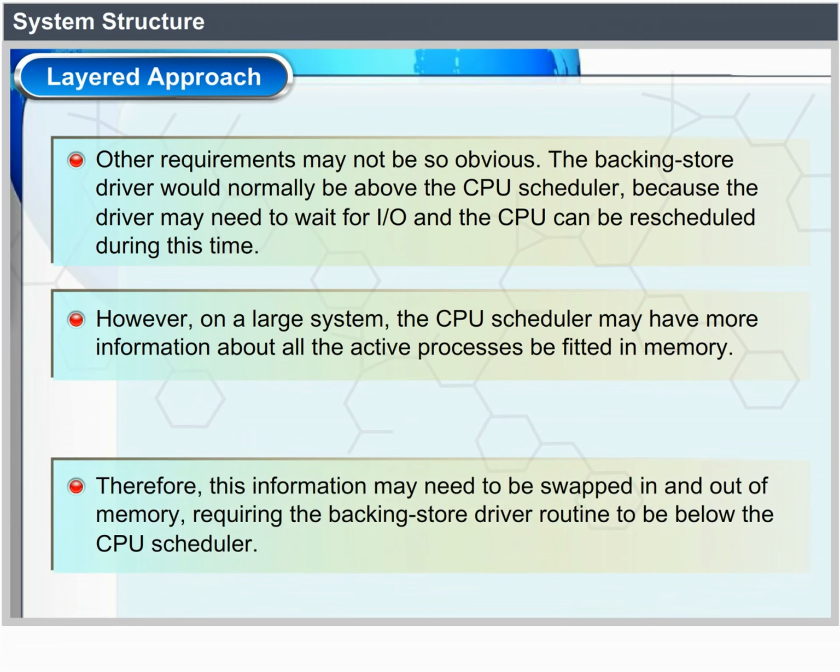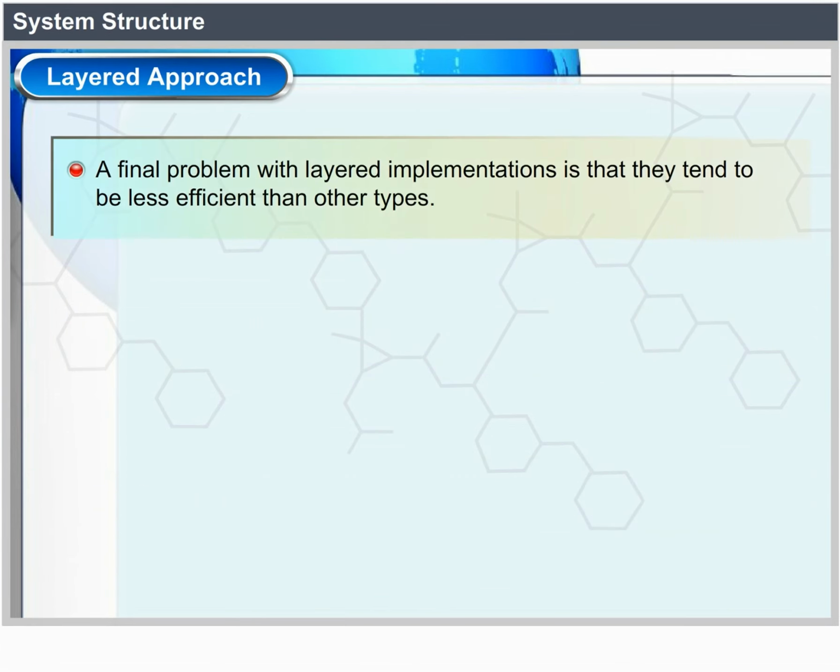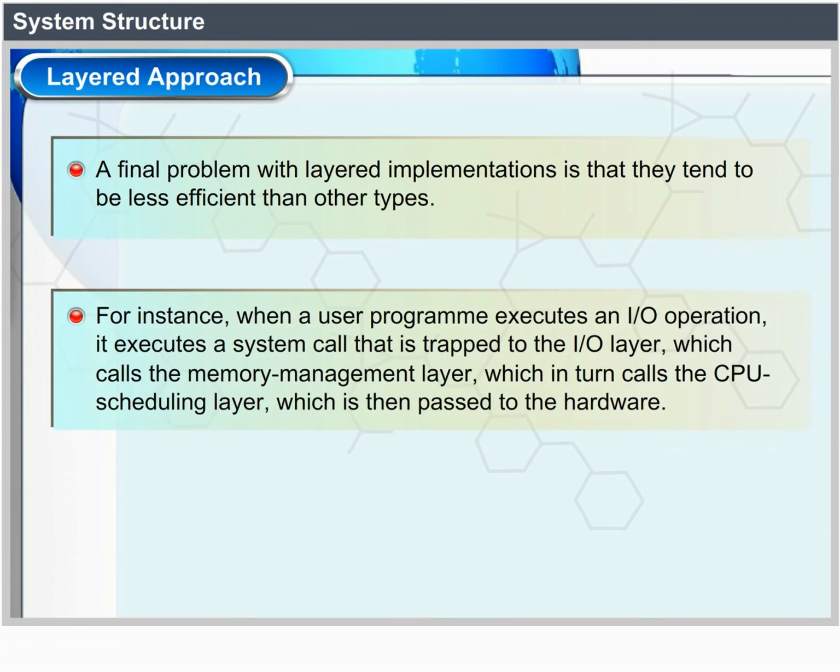A final problem with layered implementations is that they tend to be less efficient than other types. For instance, when a user program executes an input-output operation, it executes a system call that is trapped to the input-output layer, which calls the memory management layer, which in turn calls the CPU scheduling layer, which is then passed to the hardware.